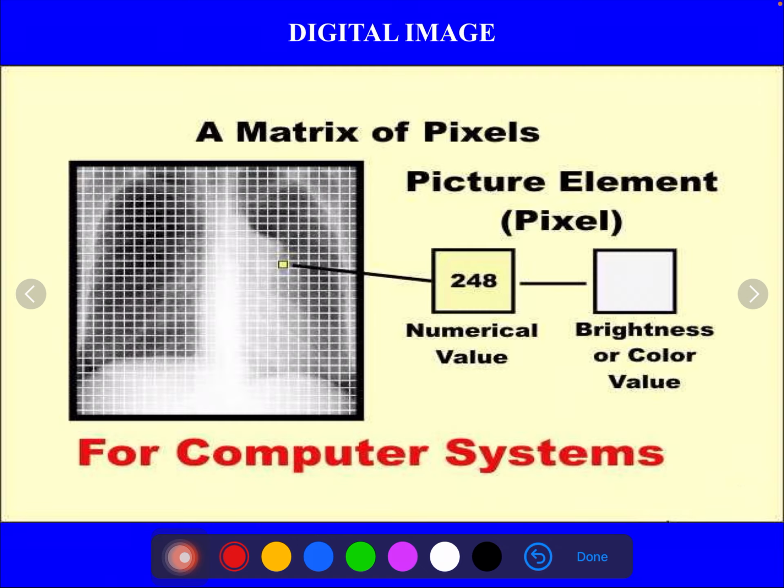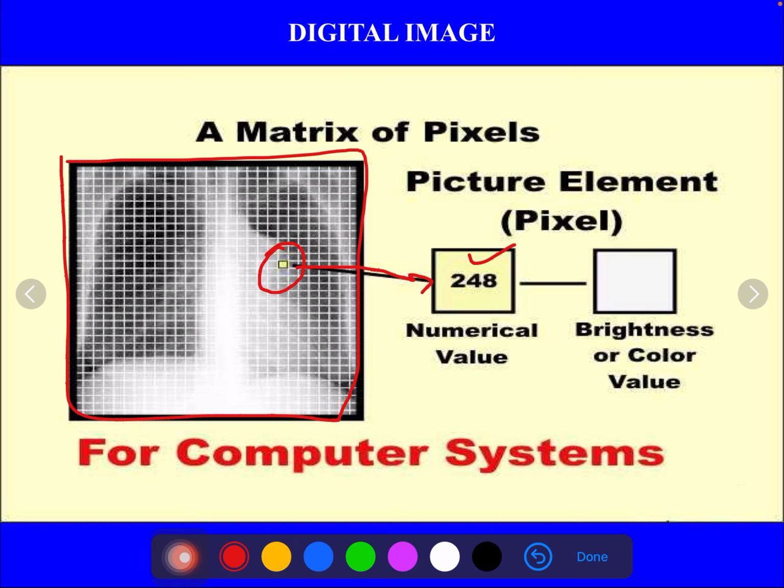Whereas digital images are represented as a matrix of pixels, where each pixel holds a numerical value. If I take a small pixel, its value corresponds to brightness or color.